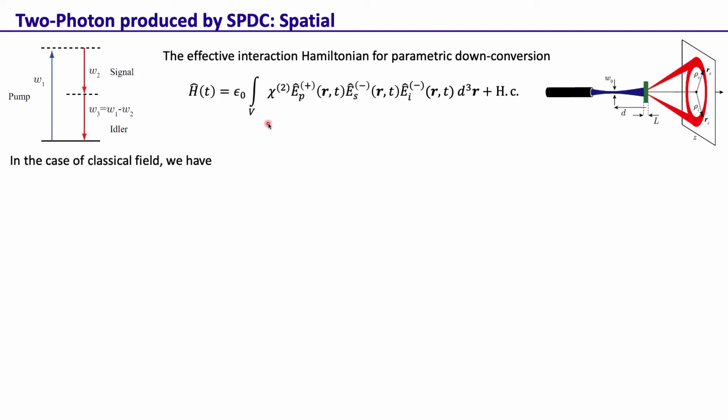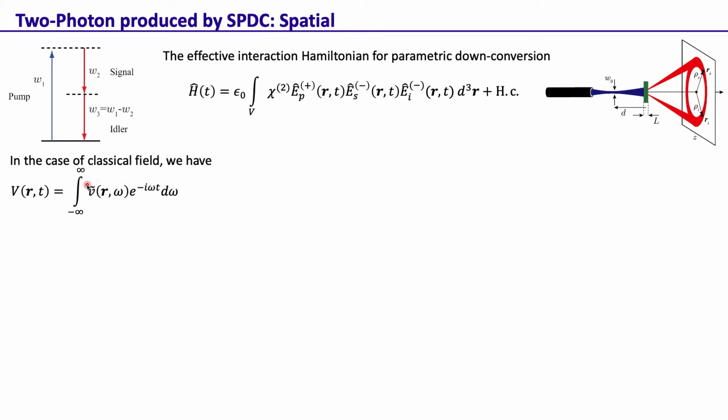Now, before we get into the modal expansion, I just wanted to remind you how we deal with the classical field. When we have a classical field V(r,t), we can express that in the frequency domain by taking the Fourier transform like this. So, we keep the r variable, and from the time domain we go to the frequency domain in this manner with the e to the i omega t.